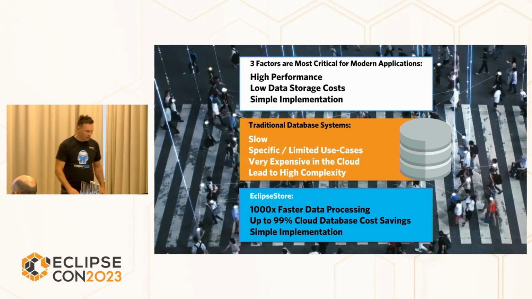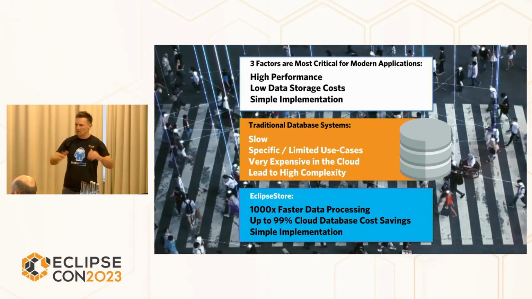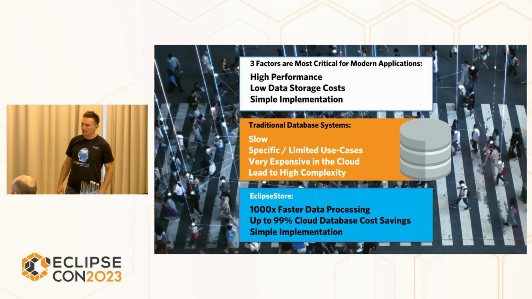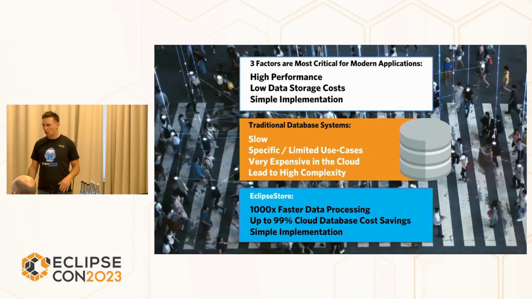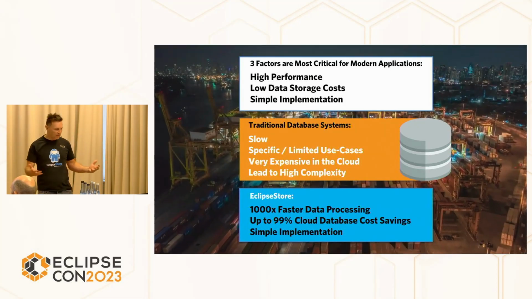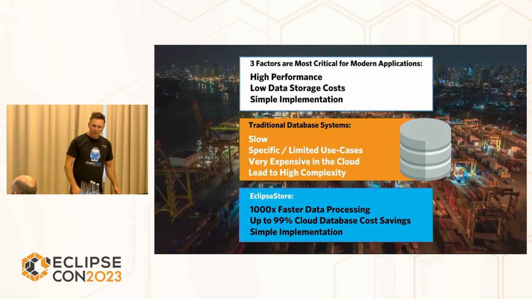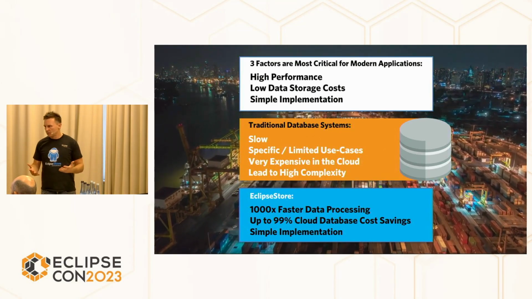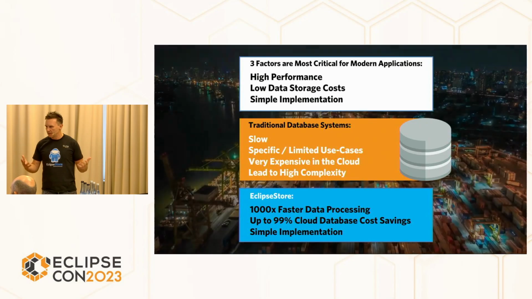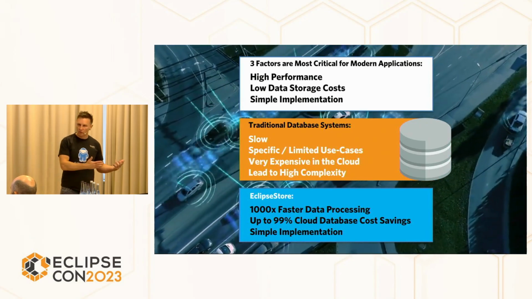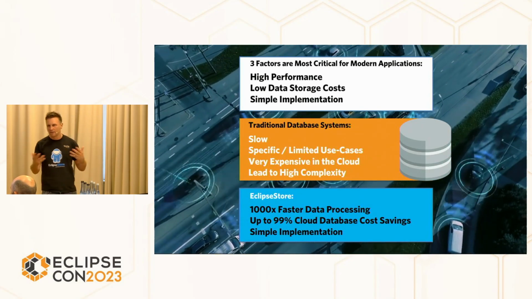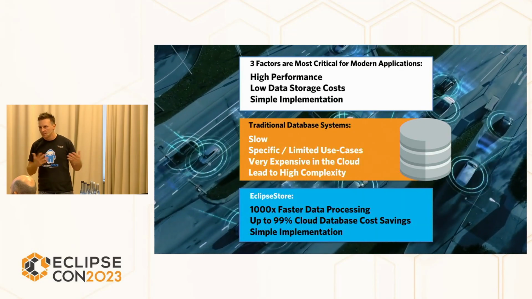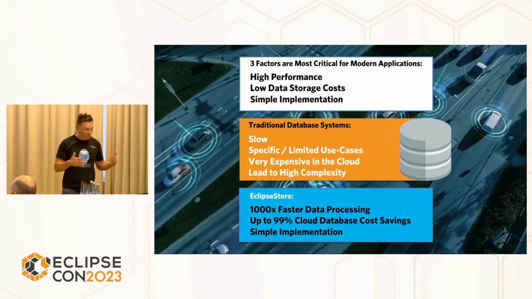Conclusion. So everybody wants performance. And everybody wants low storage costs, of course, and easy implementation. But in practice, we use database systems, and the problem is they're incompatible with the Java object model, so we cannot avoid these mappings and data conversion through every single read and write.